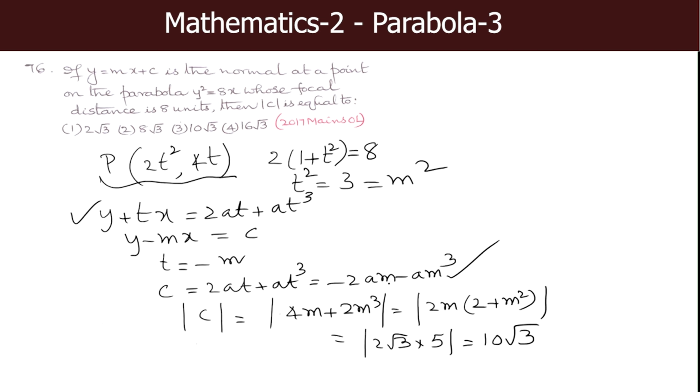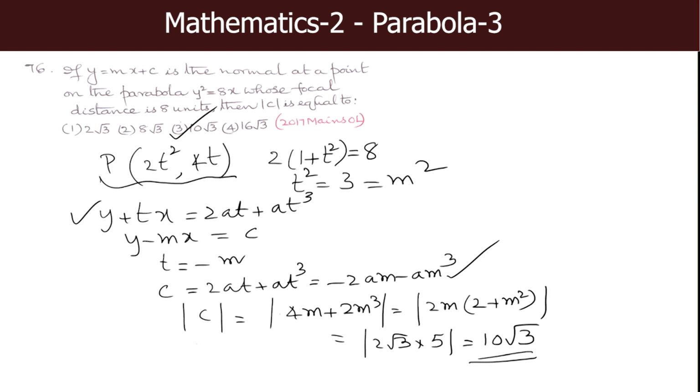So, mod of 4m plus 2m cubed, which is mod 2m into 2 plus m square. But t square is same as m square because t equal to minus m, square equal to 3, and m is plus or minus root 3, but mod m is root 3. So, 2m is 2 root 3 into 2 plus m square is 2 plus 3, 5. So, that is equal to 10 root 3. That is of course the value of mod c, which is the third option. Okay. I hope I am clear.